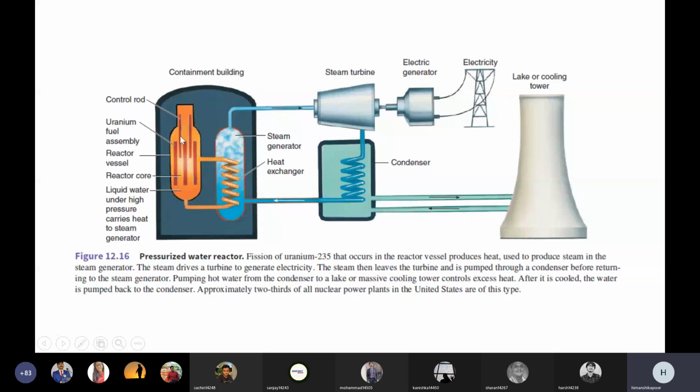Okay, so when I am lowering the control rods into the fuel rods, what would be the speed of the fission when the control rods are completely inside? Decreases. Yes, so the speed would be minimum. The fission reaction would be occurring at a minimum rate.